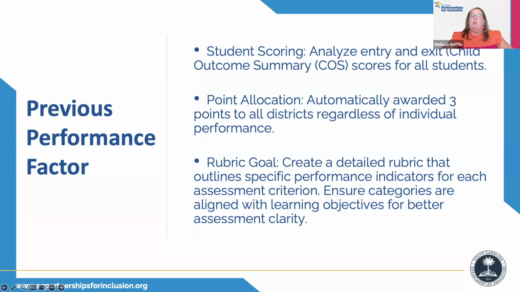We were just going off of whether or not the course had actually been completed at entry and exit for your students. And so you were automatically awarded 3 points, regardless of how those children did in their progress. And so we wanted to go over the changes that have been made to the performance factor and talk a little bit about how that'll be calculated.